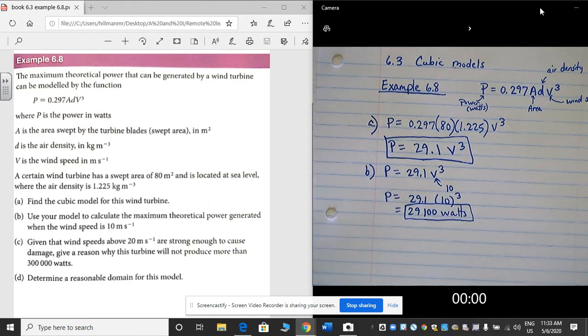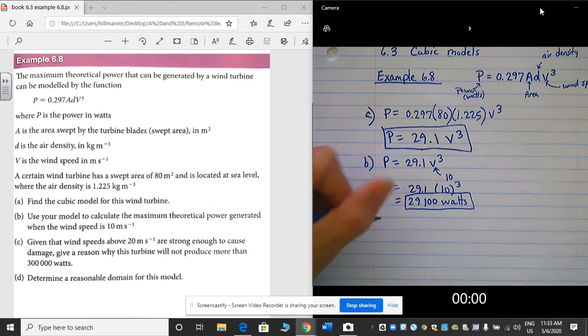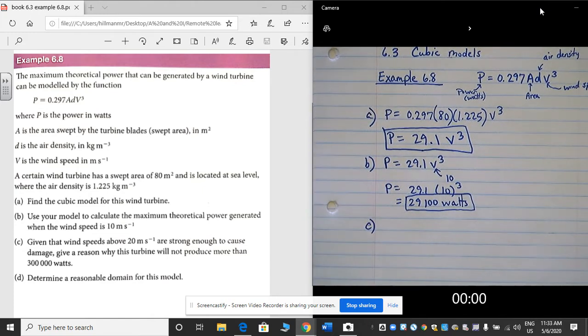Now for part C, they're saying, given that wind speeds above 20 meters per second are strong enough to cause damage, give a reason why this turbine will not produce more than 300,000.